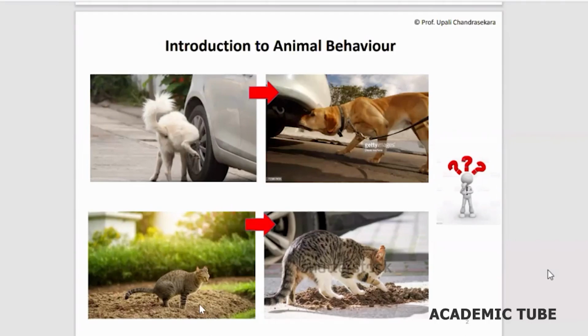Now I'm showing you another photograph, the lower one. You see a cat defecating. Usually, have you seen what the cats do after defecation? Can anyone of you tell? Okay, as usual, Sonali, what do they do? I have no idea. You have no idea.